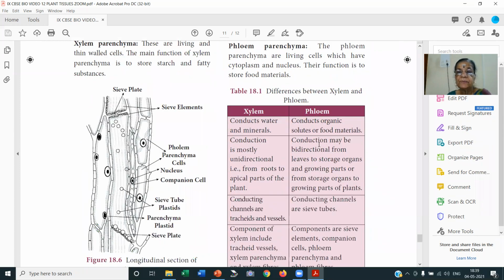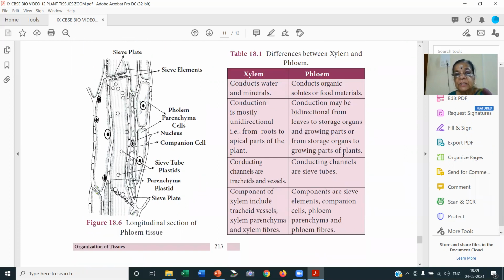Okay. Now the difference between xylem and phloem. Xylem conducts water; phloem conducts food material. Xylem is unidirectional, from root to upward movement, the apical part. Phloem is bidirectional, from leaves to storage organs and growing parts. Conducting channels in xylem are tracheids and vessels; here it is the sieve tube.